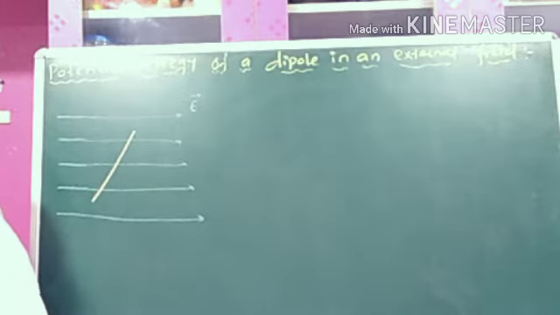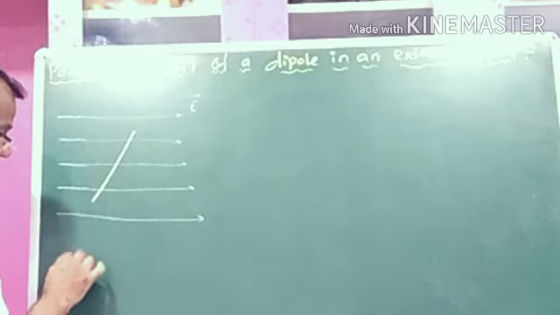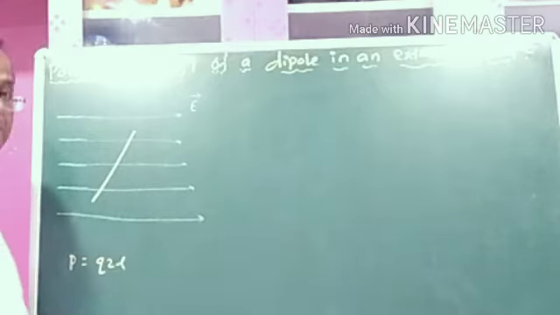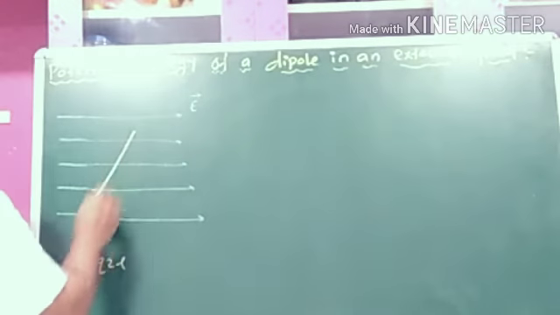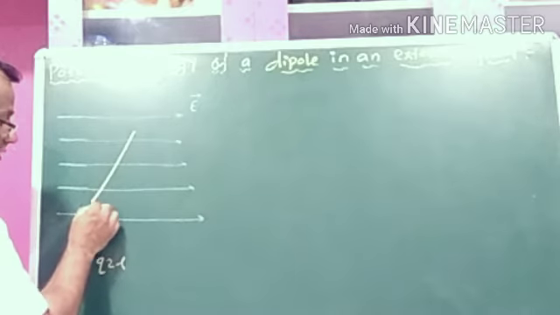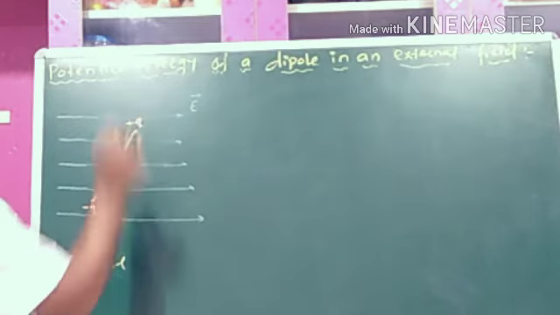That is called an electric dipole. And the dipole moment of this electric dipole is P, which is equal to Q into 2L. Suppose at this end we keep the negative charge and at this end the positive charge.